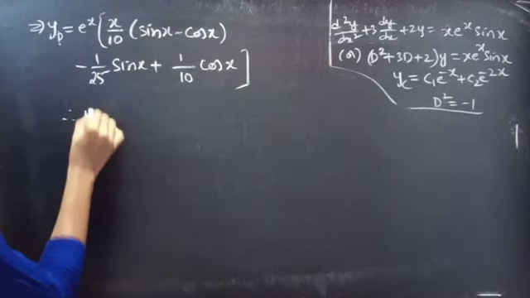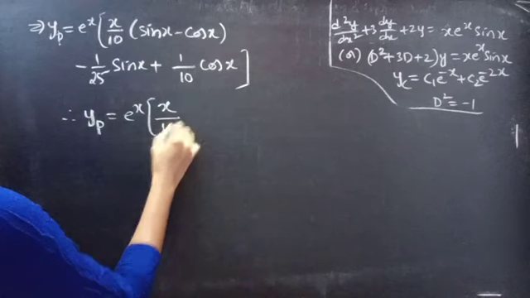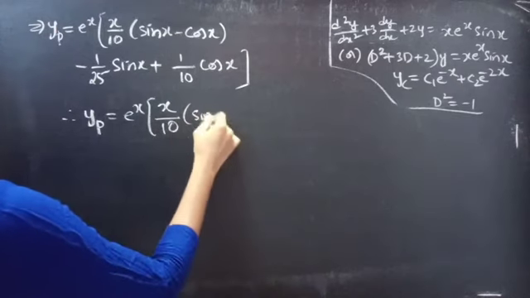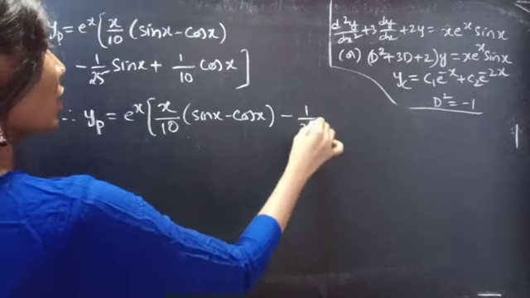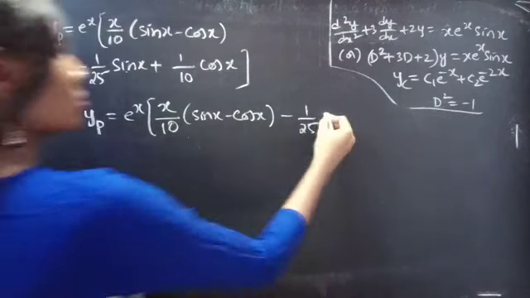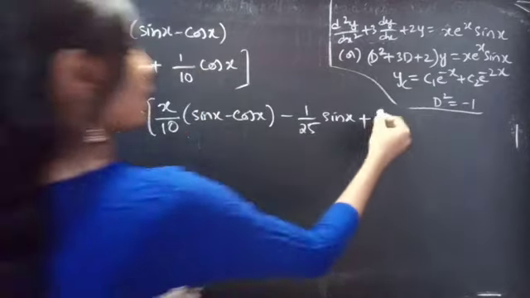Therefore, yp equals to e power x into x by 10 into sin x minus cos x minus 1/25 sin x plus 1/10 cos x.